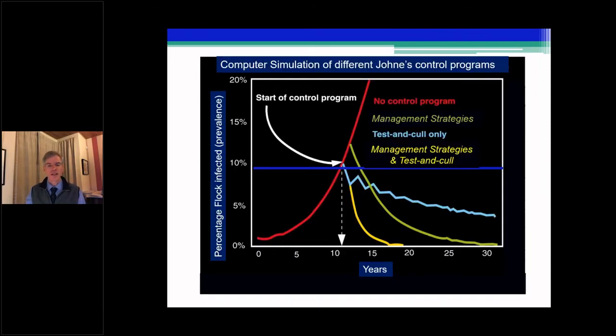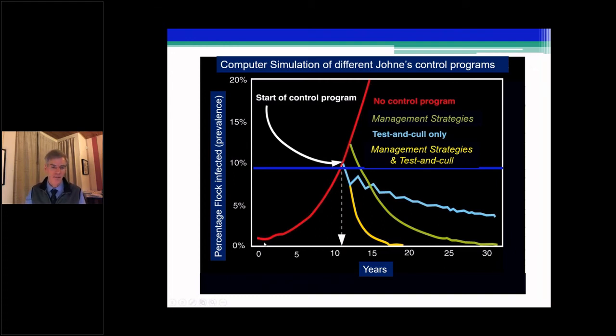So this is the second of my two graphs that I wanted to show you tonight, and I think this one really clearly illustrates the use of putting in a Johne's control program. Again, the horizontal axis is years after infection.